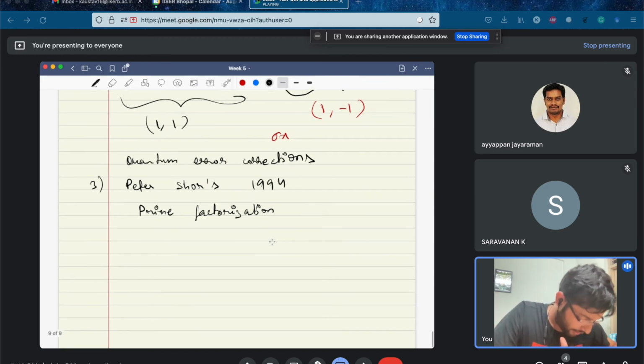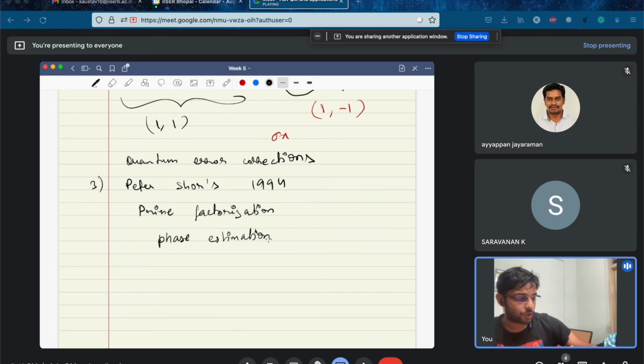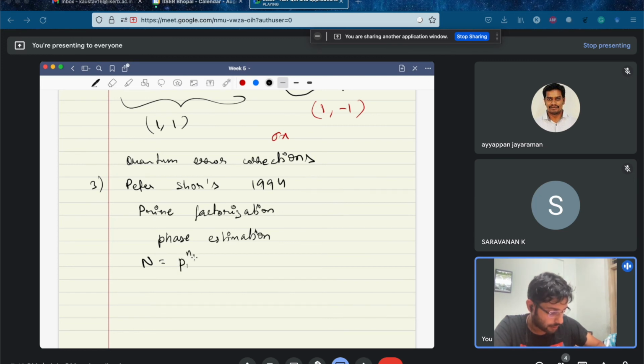What it involves is something called the phase estimation method in quantum computing or quantum information. So let's say you have a number n, and you can write its decomposition in prime numbers. Any number you can factorize using prime numbers like 2, 3, 5, 7, and so on.